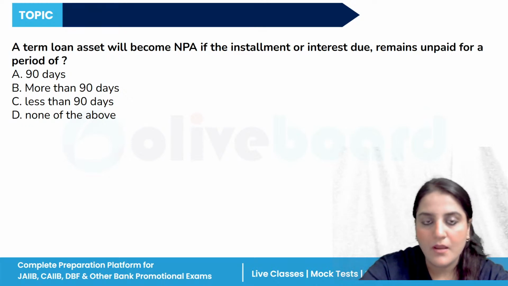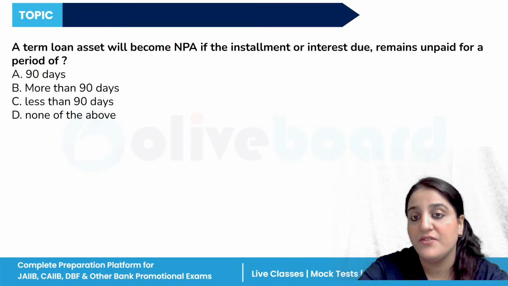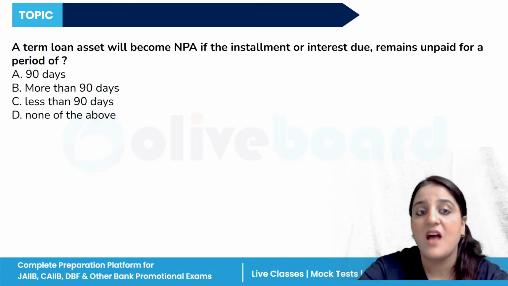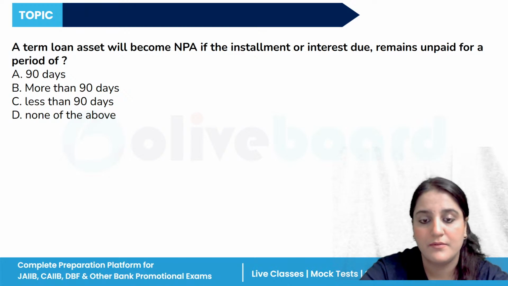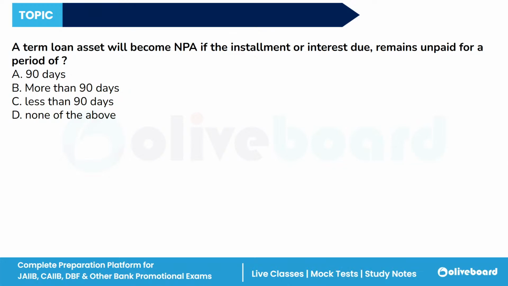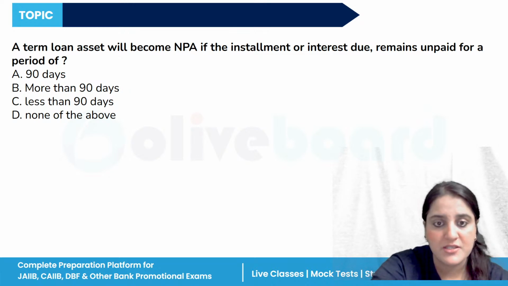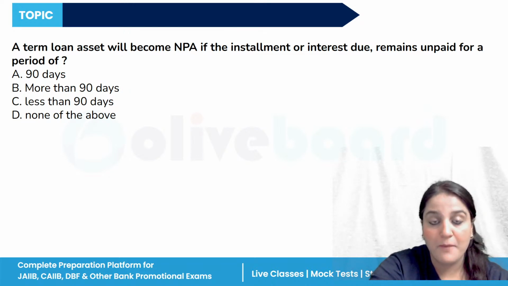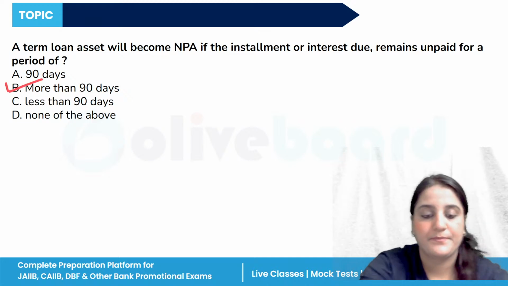Again, a term loan asset will become NPA if the installment or interest due remains unpaid for a period of more than 90 days. When an asset becomes NPA, it ceases to generate income for the bank.